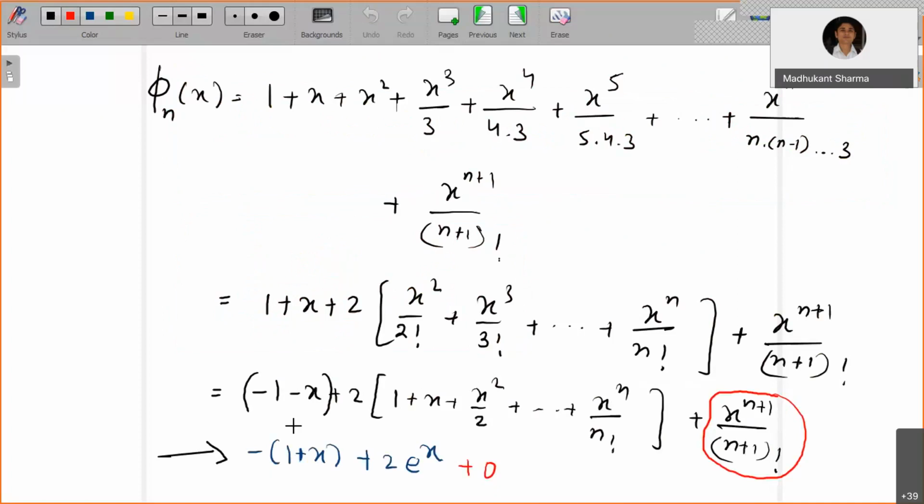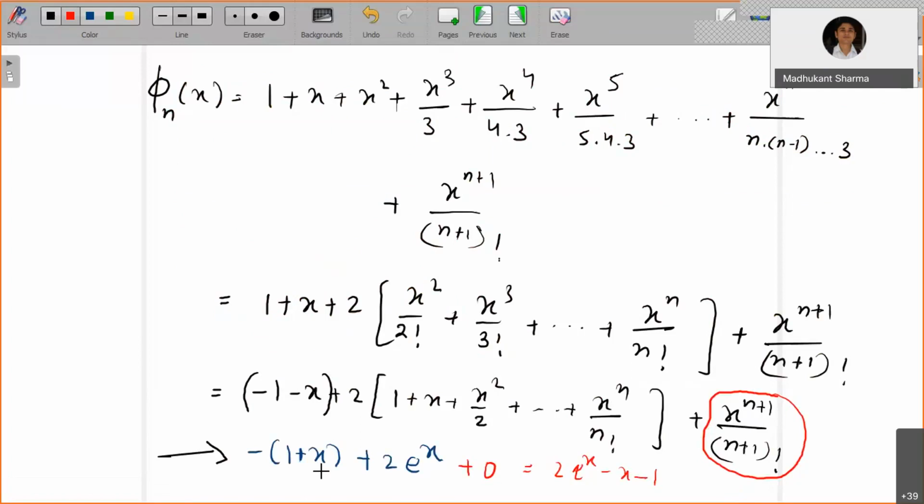So in totality, this converges to the analytical solution only, 2 into e to the power x minus 1. As n goes to infinity, this will be dominated and this will be negligible, for large values of n. So this also tends to the analytical solution.